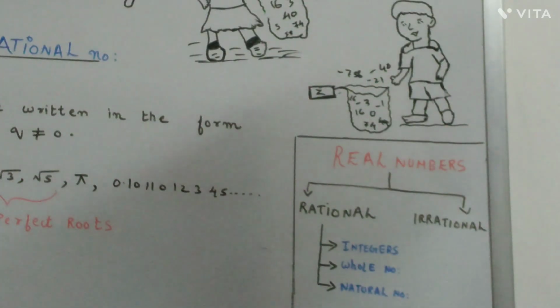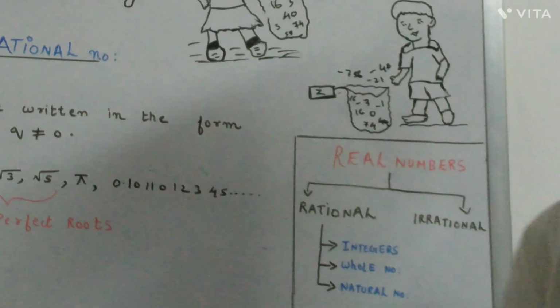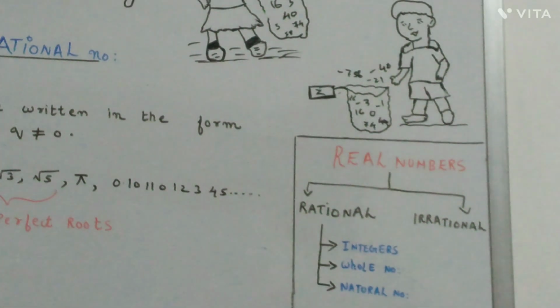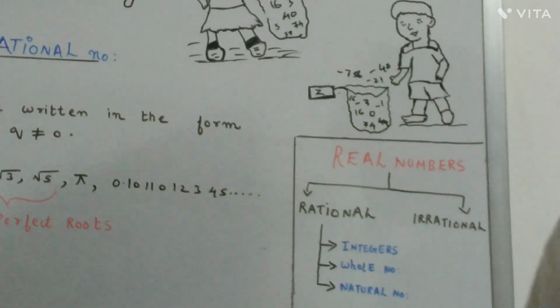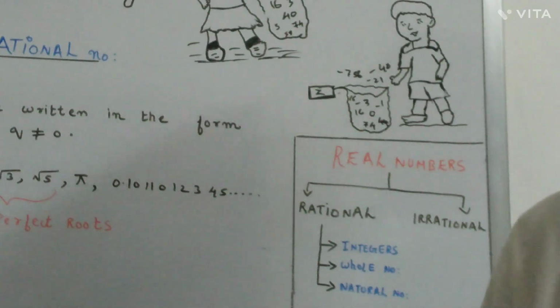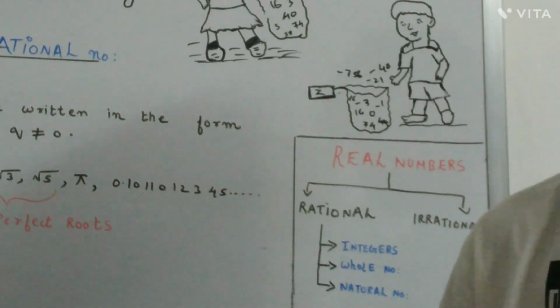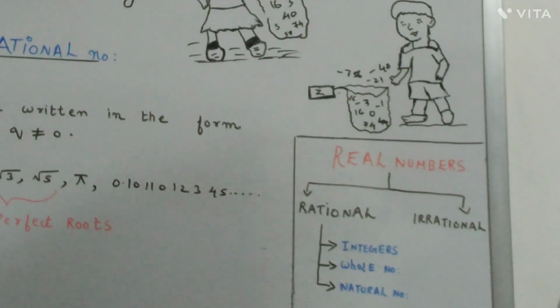Okay, let us check what we have learned. We have learned about various classifications of numbers. We classified numbers into natural numbers, whole numbers, integers, rational numbers and irrational numbers.